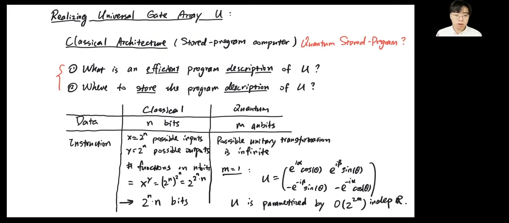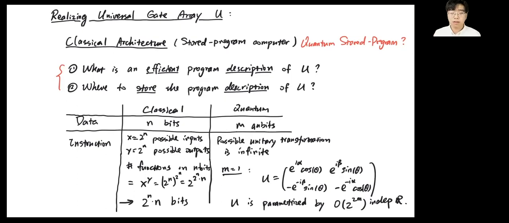Storing a quantum program in classical memory requires that you have an efficient quantum compilation algorithm that decomposes the unitary transformation U into a sequence of a universal instruction set. And storing a quantum program in quantum memory means that you will need to prepare the qubits in some quantum state in the first place, and executing a program stored in quantum memory will only succeed probabilistically. We'll make these two statements more rigorous.